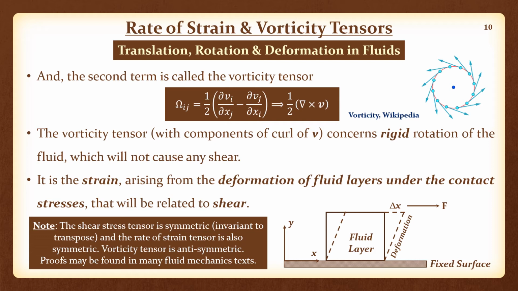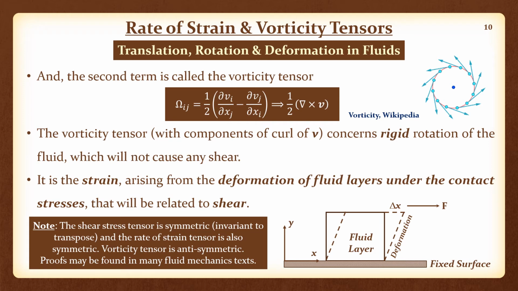Right. The other thing I want to point out, which is stressed repeatedly in advanced transport phenomena and advanced fluid mechanics courses, is that the shear stress tensor is symmetric, and this means it is invariant to transpose. In other words, we had these terms: I made a big fuss about tau xy, tau yx, tau xz, tau zx, tau yz, tau zy.